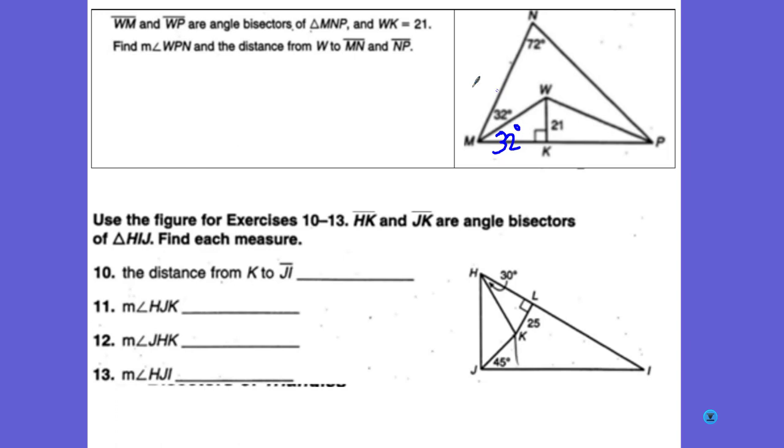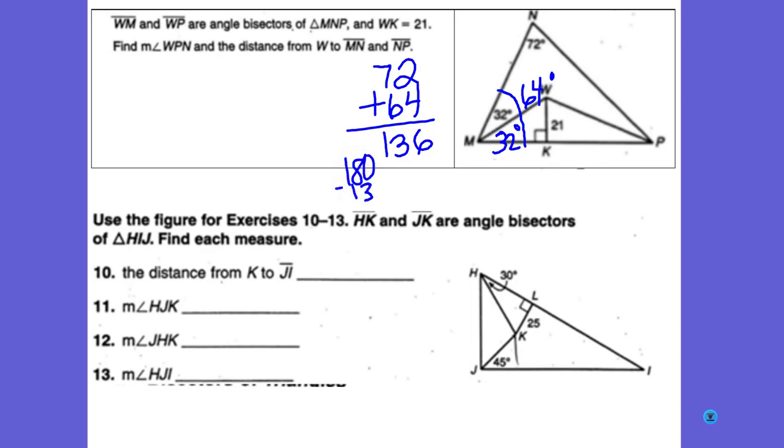And if this is 32 and this is 32, then that whole entire angle is 64 degrees. And I know this top angle up here is 72 degrees. So what I can do is I can add 72 and 64 to get 136. And then I can subtract that from 180 and get 44. So this whole angle is 44 degrees.